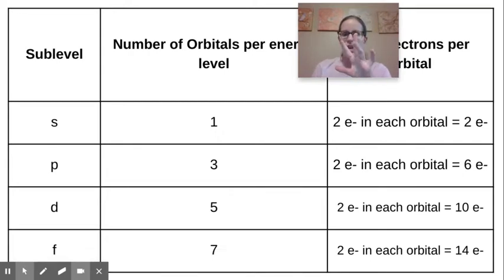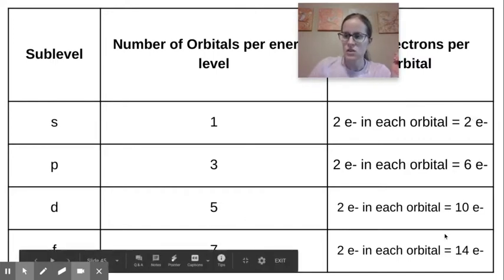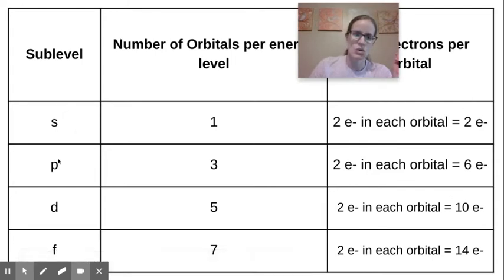Each of those can have 2 electrons in it. So 5 times 2 gives you 10 electrons in a D sublevel. And the F has 7 orbitals, 2 electrons in an orbital, gives you a total of 14 electrons in that F sublevel.